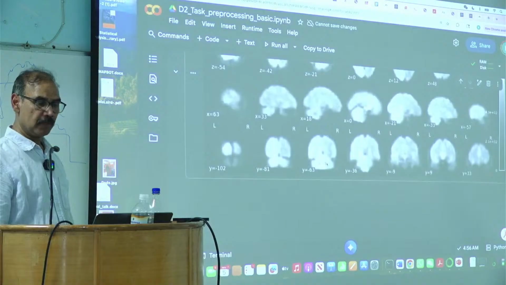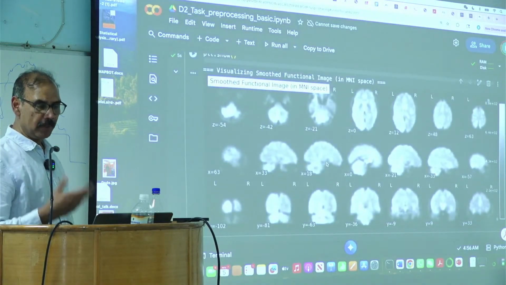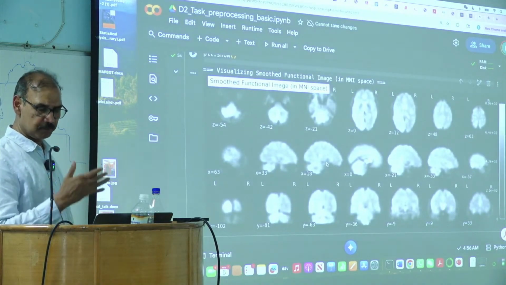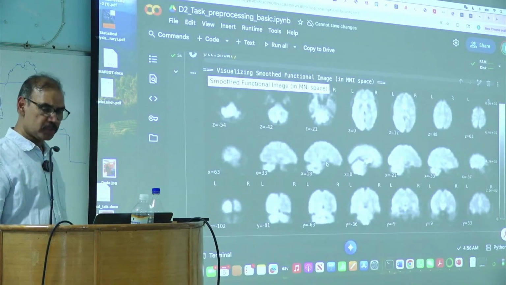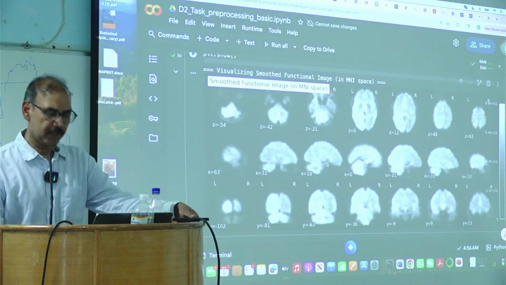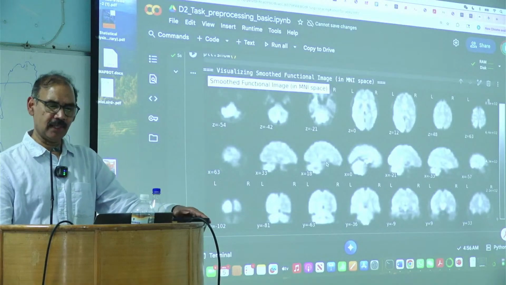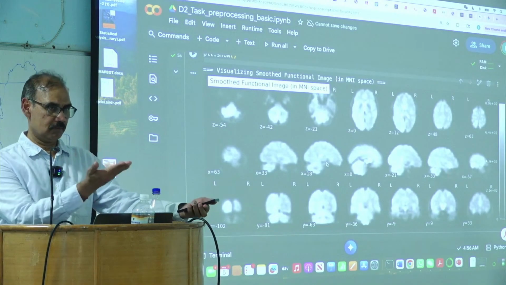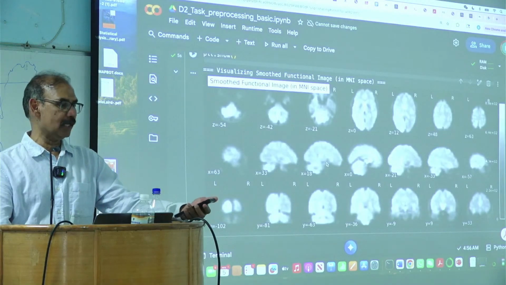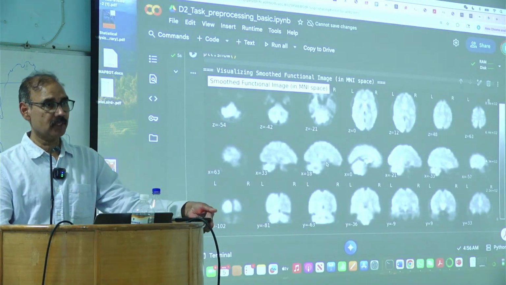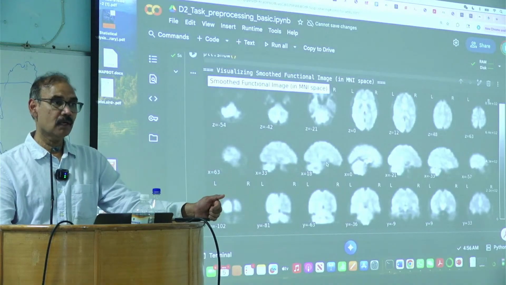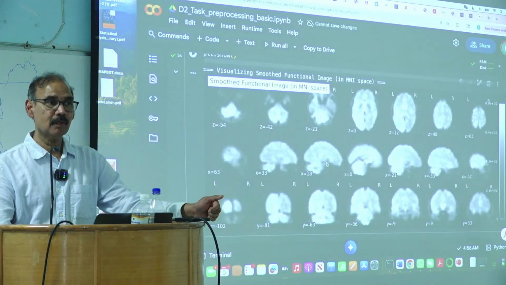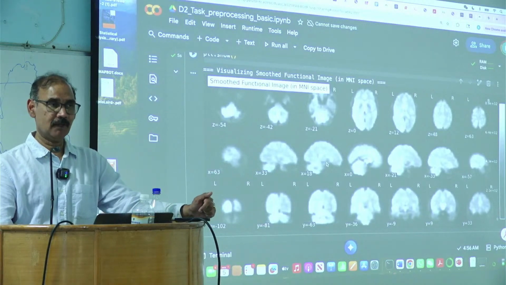So we can display the data this way. The data has more signal to noise ratio, but what is the limitation of using spatial smoothing? Spatial specificity, right?